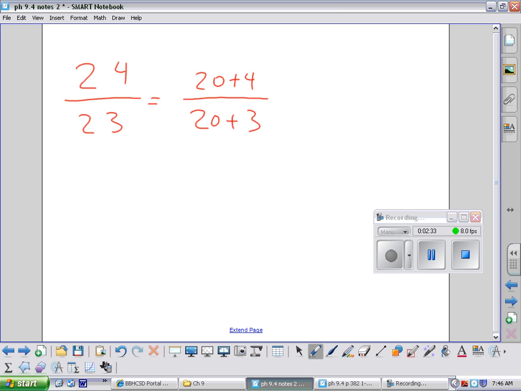But if I do this, I get 4 over 3. Is 4 over 3 the same as 24 over 23? My original fraction, if you will? That is not true.